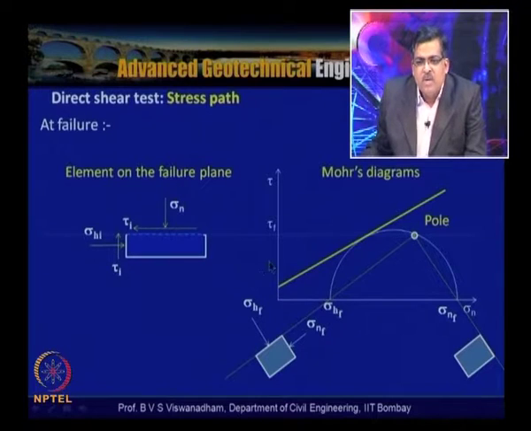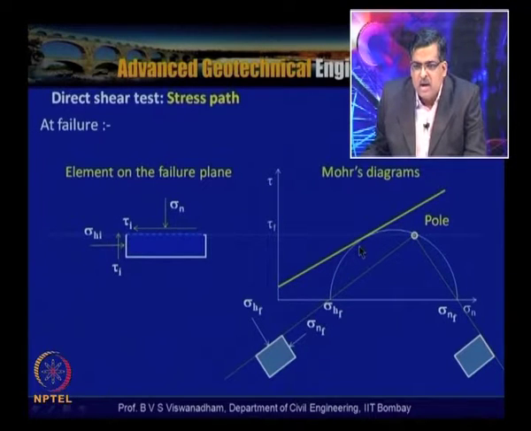From here, at this point at failure, to locate this, this is the center and this is the radius. When you draw the Mohr circle, you get a Mohr circle tangential to the failure envelope, passing through this point.